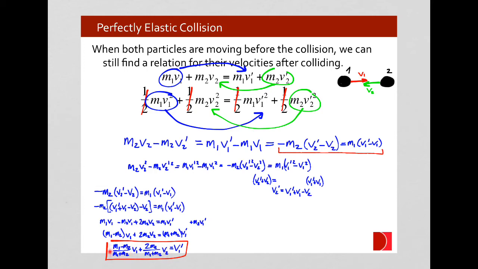And we see that the arrangement of the masses in those factors is similar to what we saw before. We can do the same thing, but we will eliminate v1 prime so that we can solve for v2 prime.